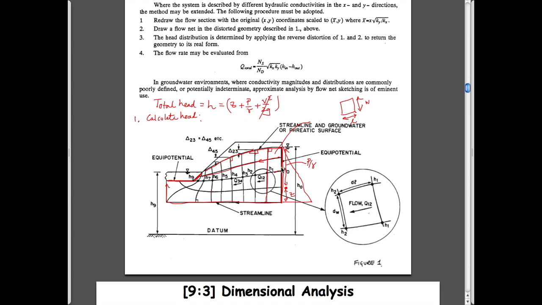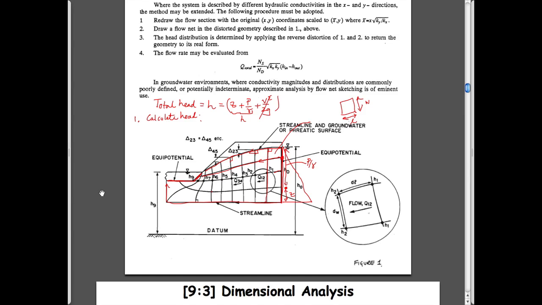If you do the same thing here and calculate the elevation of this point, which is higher, and look at the pressure of this point, which is lower, the two of them still add up to the same amount of head. So the upstream boundary is a total head boundary, if you like.